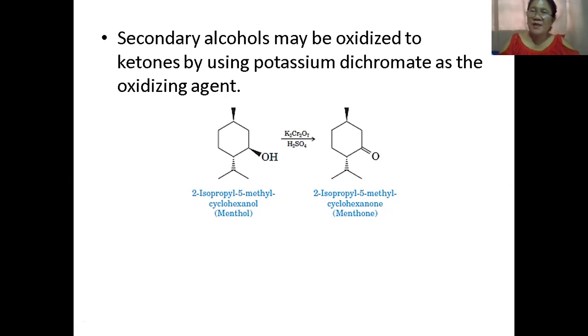Basta oxidation process, aldehyde, then further oxidizing it, it will form into a carboxylic acid. For the secondary, once it is oxidized, with your potassium dichromate as oxidizing agent and the presence of sulfuric acid, what will happen? This will form into a ketone.